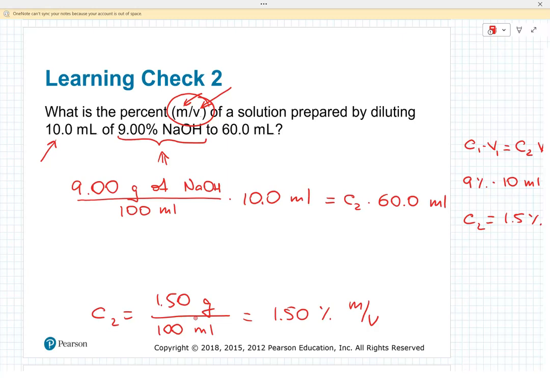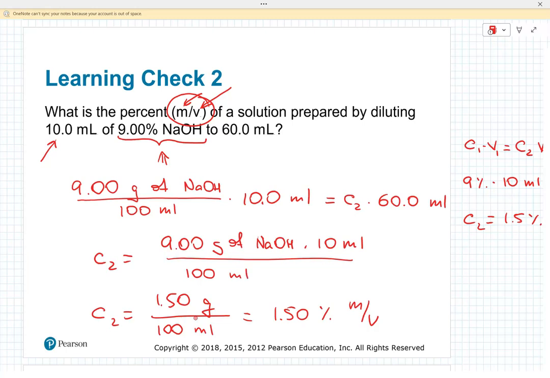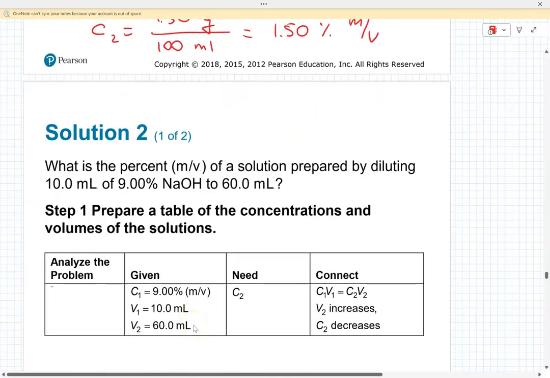That's it. That goes to C2 equals 9 grams of sodium hydroxide by 10 ml over 100 ml, over 60 milliliters of solution. Oh, all right. So you're setting up like a cross multiplication type of situation. Yep.